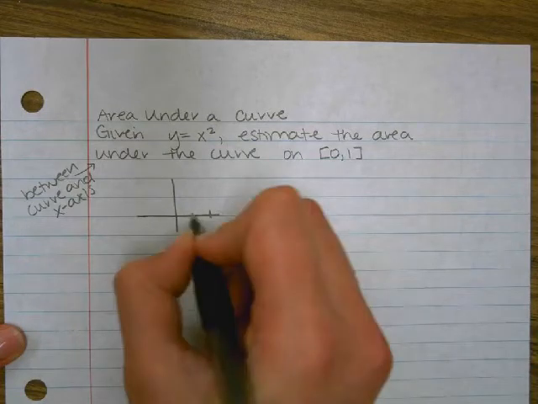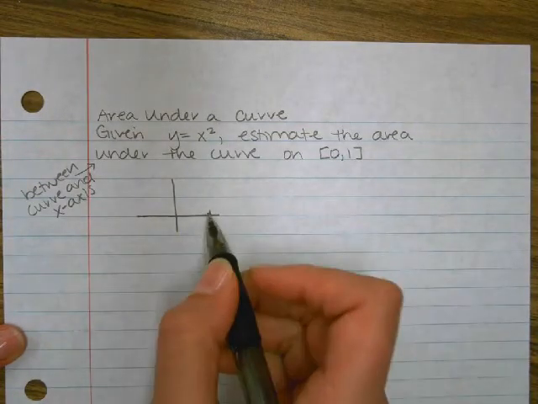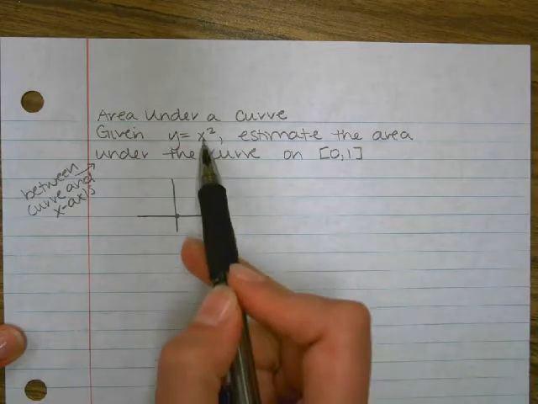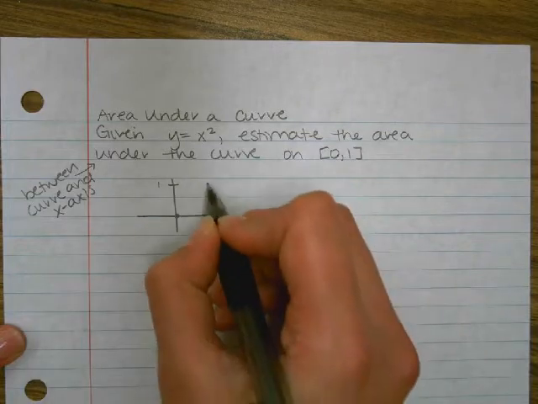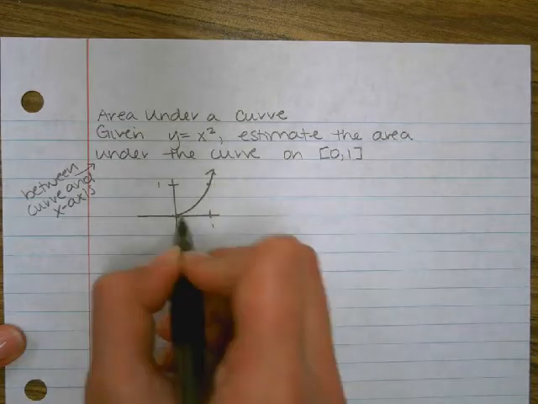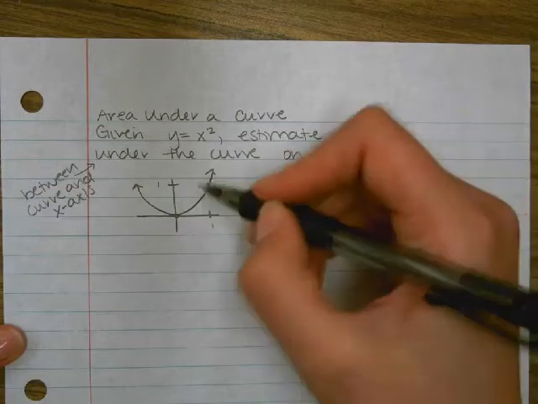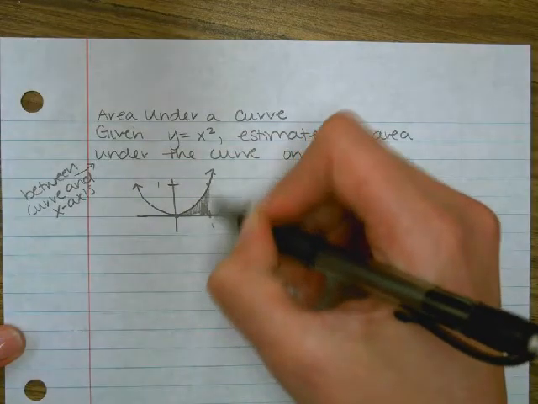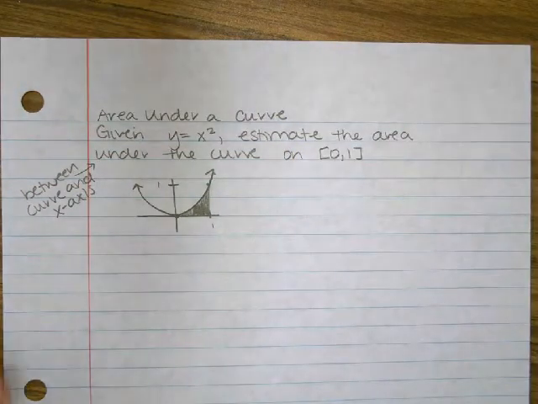I'm looking at the interval from 0 to 1, and I know that if I graph this, 0 squared is 0, and 1 squared is 1. And so there's the right side of my parabola. I know the other side's over there. And I'm looking for the area under the curve, so I'm looking for this part right here. I want to find that shaded area right there.